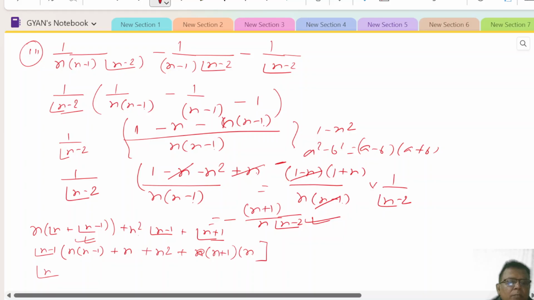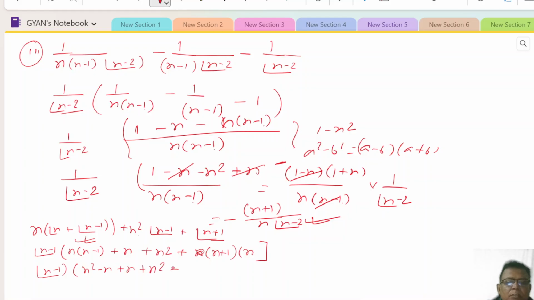So factorial n minus 1 into n square minus n plus n plus n square plus n square and plus n.